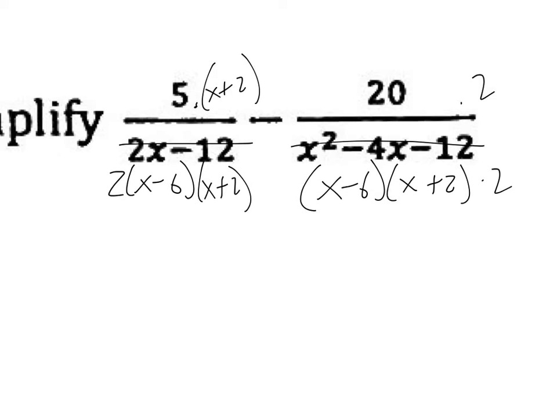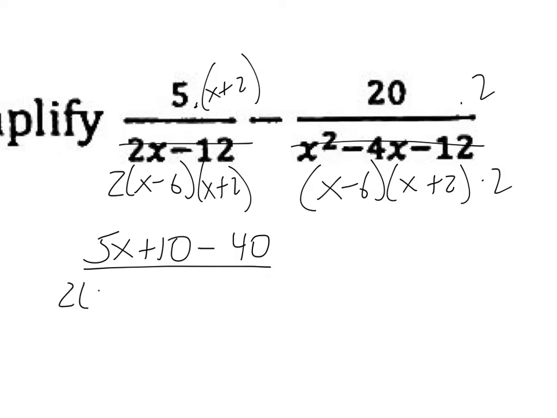So they have the same exact denominator now, the same 3 factors. Now I simplify the numerators. I get 5x plus 10. A lot of people forget this multiplication step. 5x plus 10 minus, and then over here I get 40. Over, and then I'm just going to put all 3 factors, x minus 6, x plus 2, and 2.